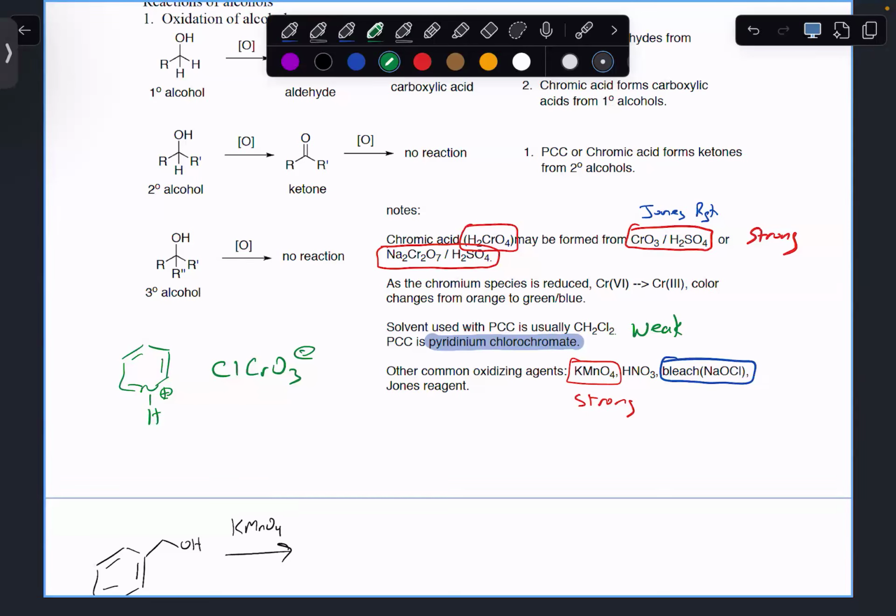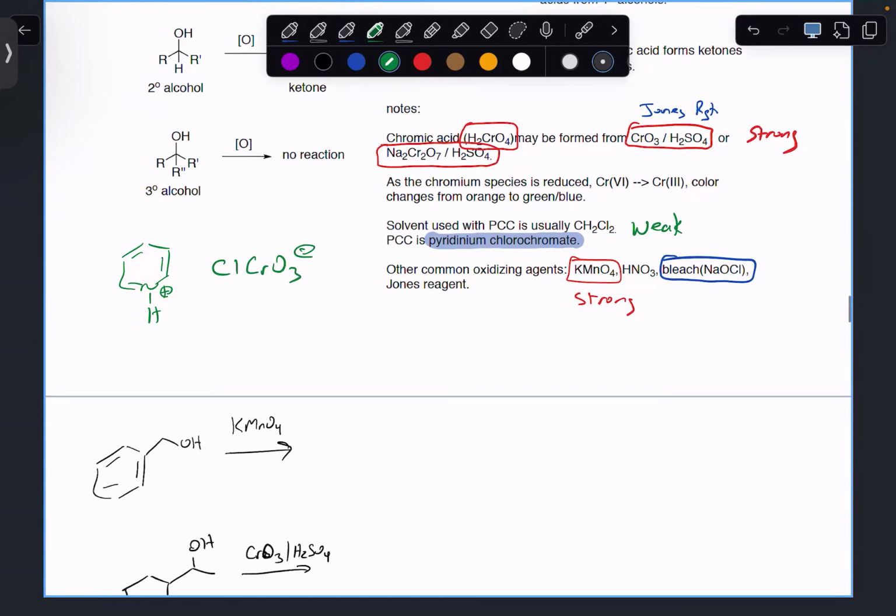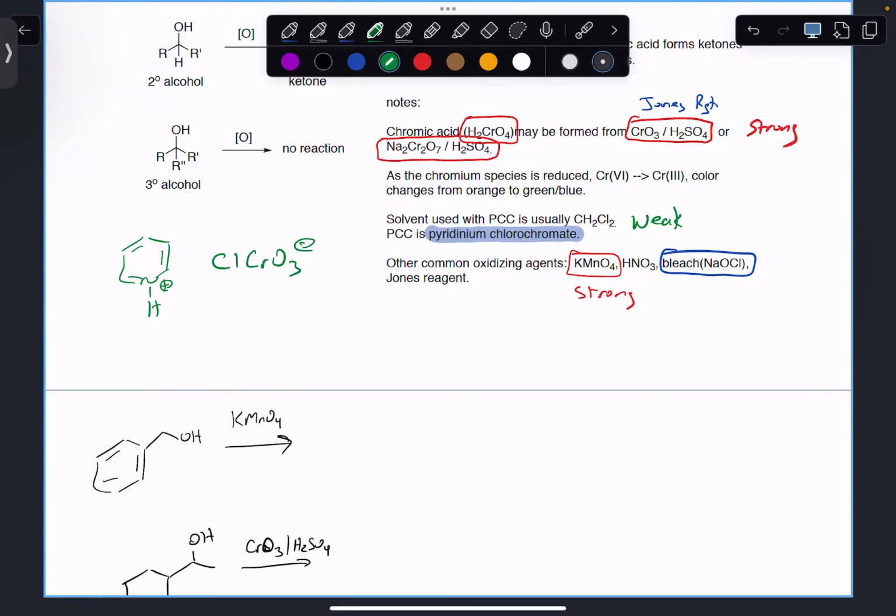Now, I've introduced all of these oxidizing agents as strong or weak. The difference is how they treat primary alcohol. So have a look at this first example. Can you recognize this as a primary alcohol? Right, there's my carbonyl, and that carbonyl is bonded to one additional carbon.